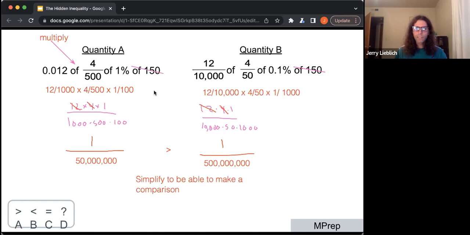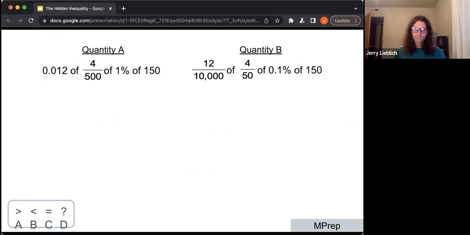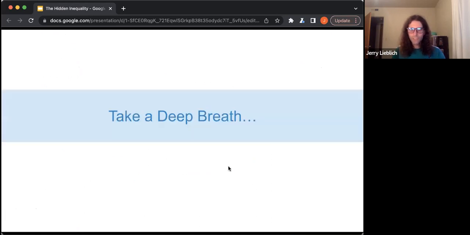So we're trying to set it up in forms that they can be compared. We're trying to get rid of things that are the same and then be able to compare our sides. Let's try another problem.